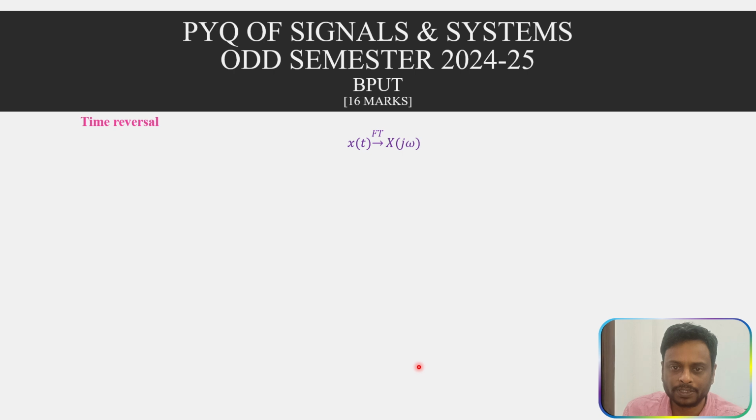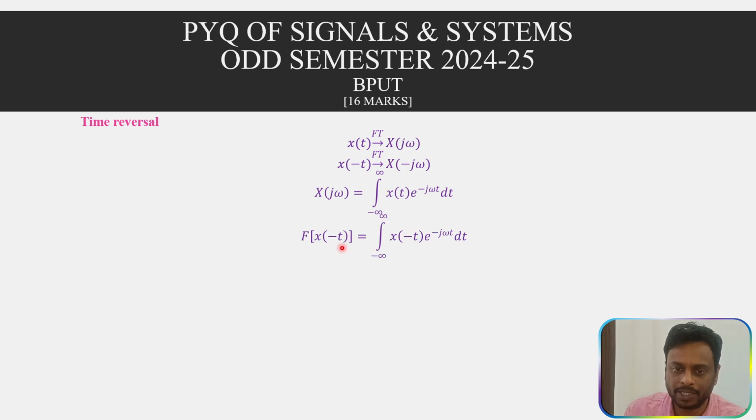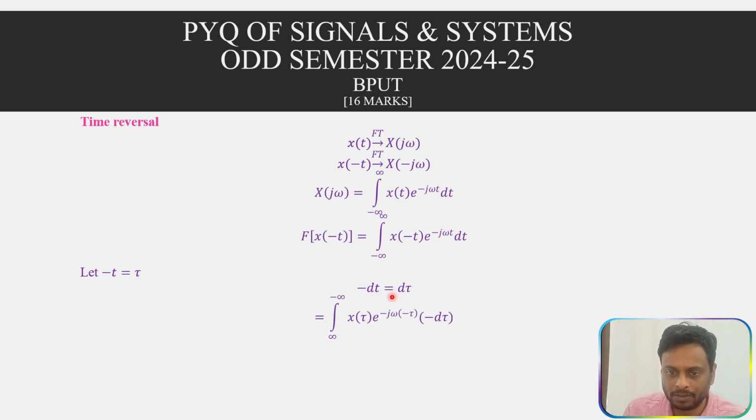Next is the time reversal property. If the Fourier transform of x of t is X of j omega, then the Fourier transform of x of minus t is X of minus j omega. X of j omega equals this integral. If we take the Fourier transform of x of minus t, we can let minus t equal to tau. So replace minus t with tau, and dt equals minus d tau. It will be x of tau e to the minus j omega, with t replaced by tau.